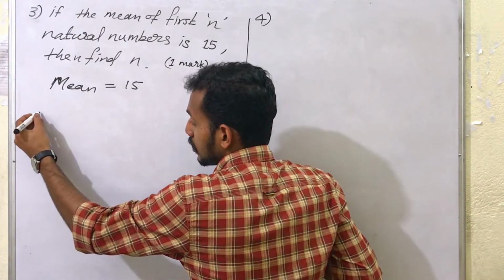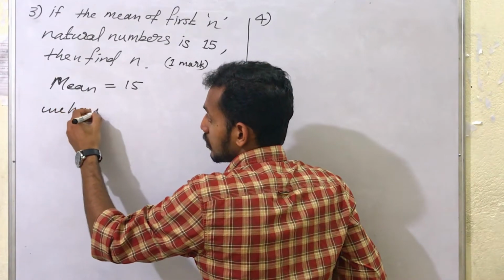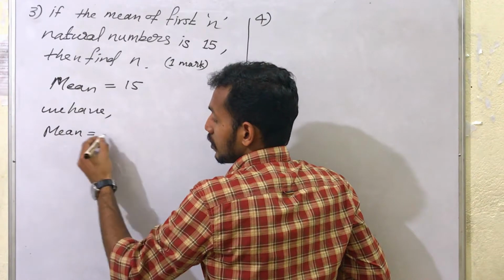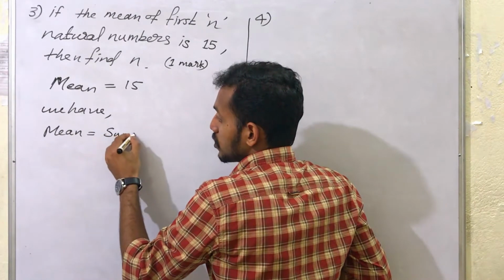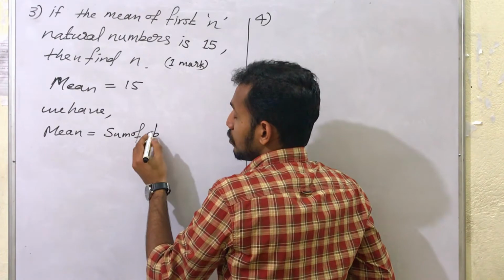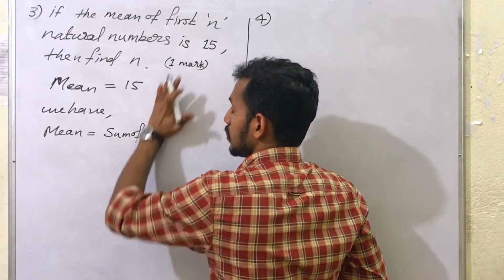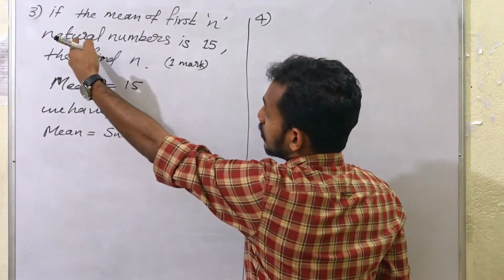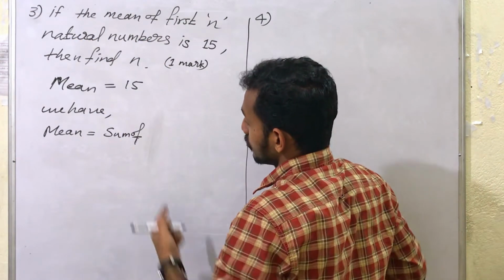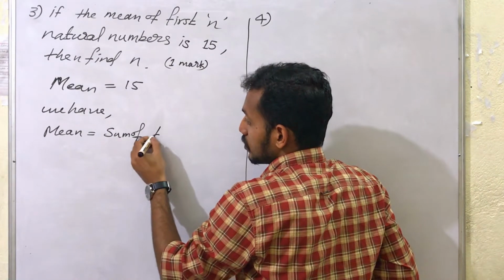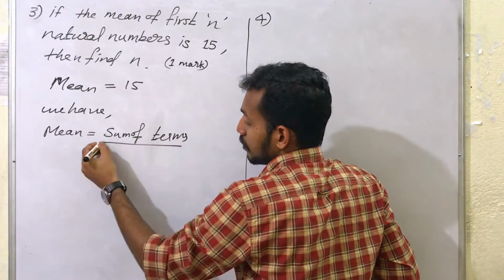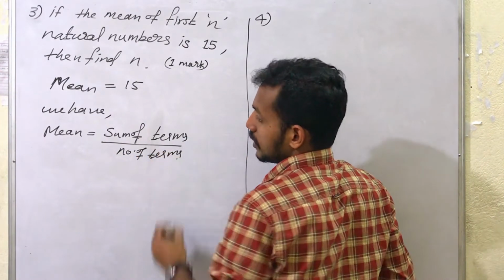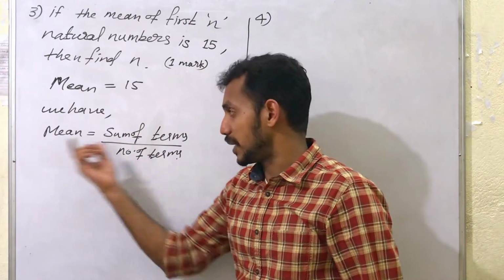The mean is equal to the sum of all observations, here the sum of natural numbers, that means the sum of terms, divided by the number of terms. That is the expression for calculating the average or mean.